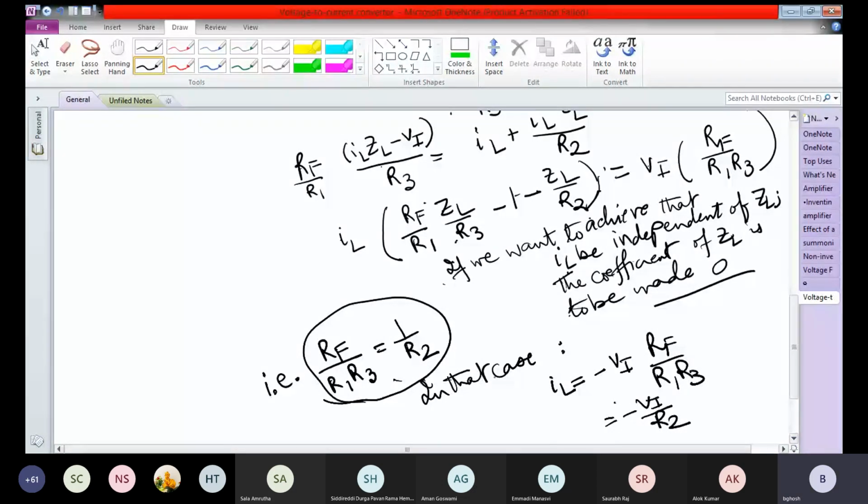So the load current is proportional to the source voltage or input voltage and is independent of the load impedance.